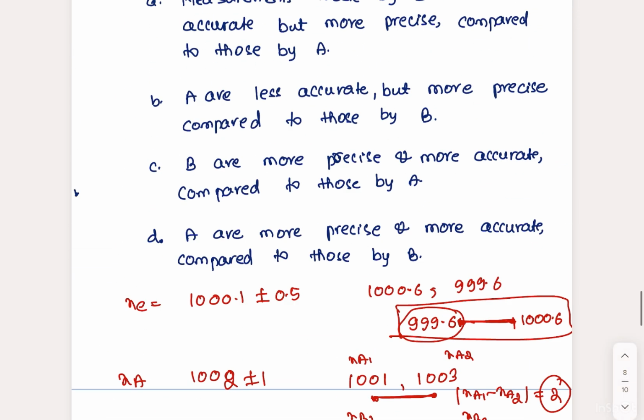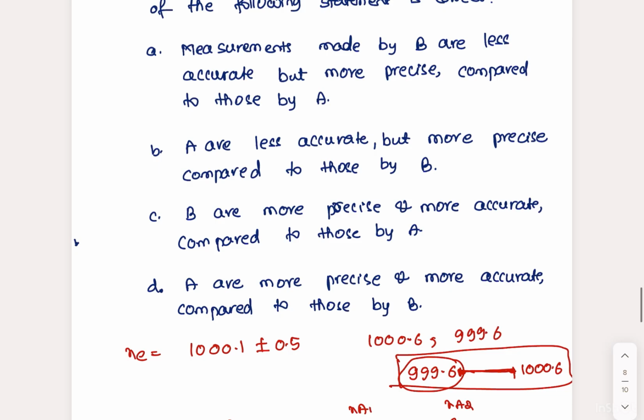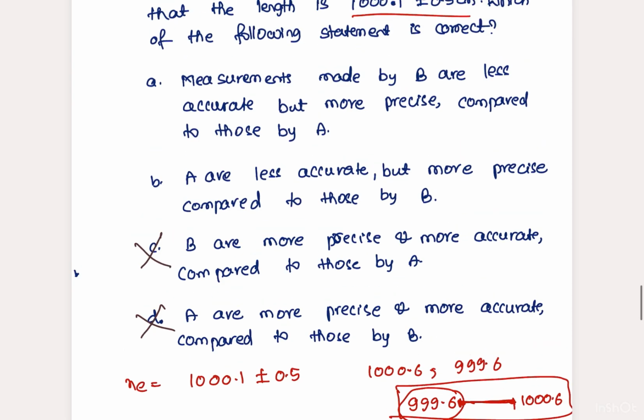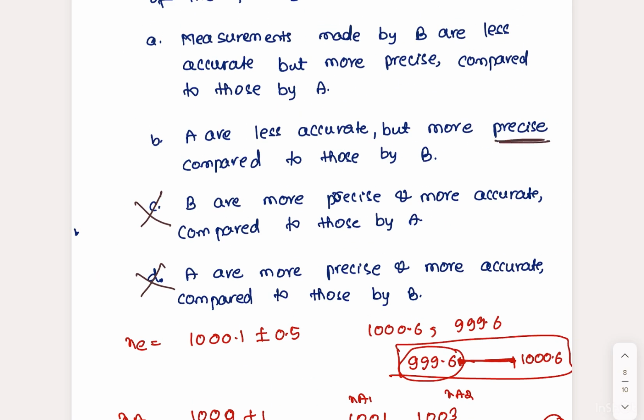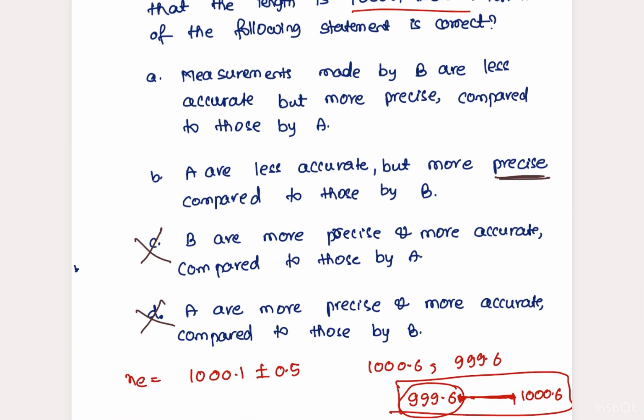So we can check the options. B is more accurate, A is more precise. B is not having both. So A is less accurate but more precise compared to B. B is not more precise, A is more precise.